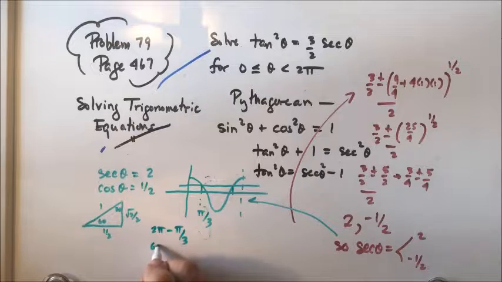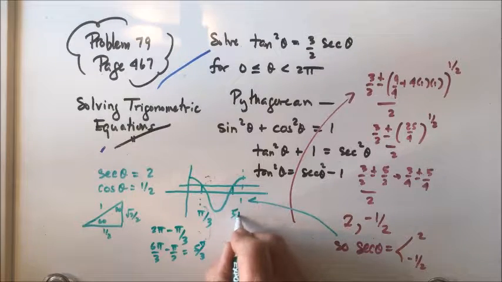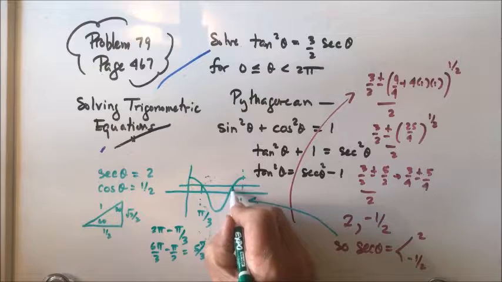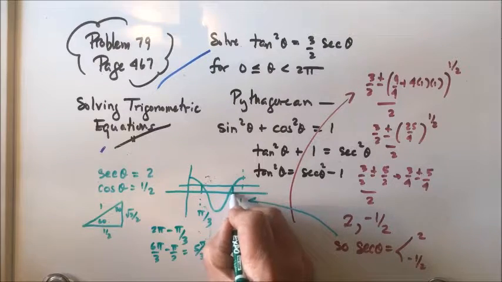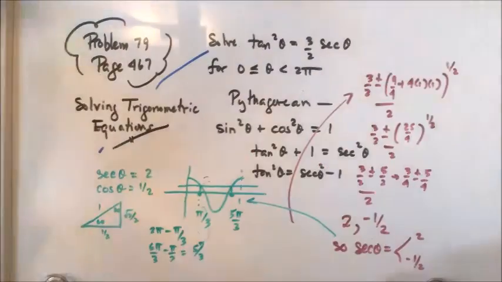This is 6 pi over 3 minus pi over 3. This is 5 pi over 3, this value right here. So there's two answers.